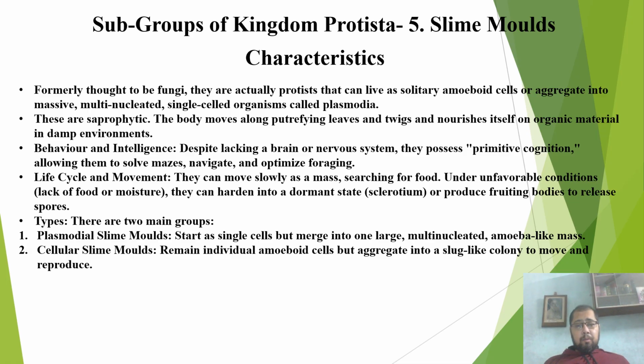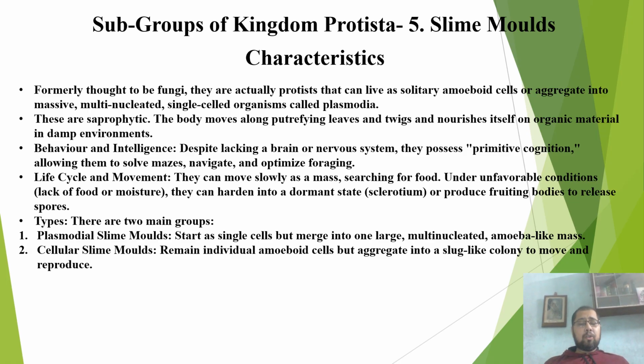Now, they can move slowly as a mass, searching for food. Under unfavorable conditions, that is lack of food or moisture, they harden into a dormant stage known as sclerotium, or produce fruit bodies to release spores, which are basically the perennating structures via which they perennate over the hard times.